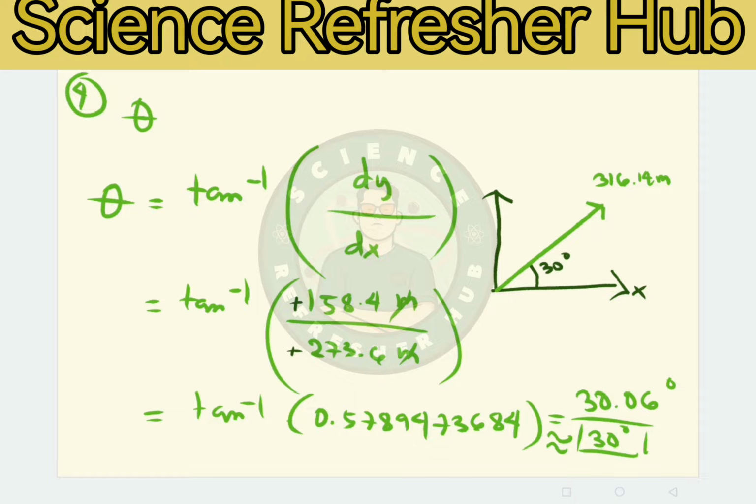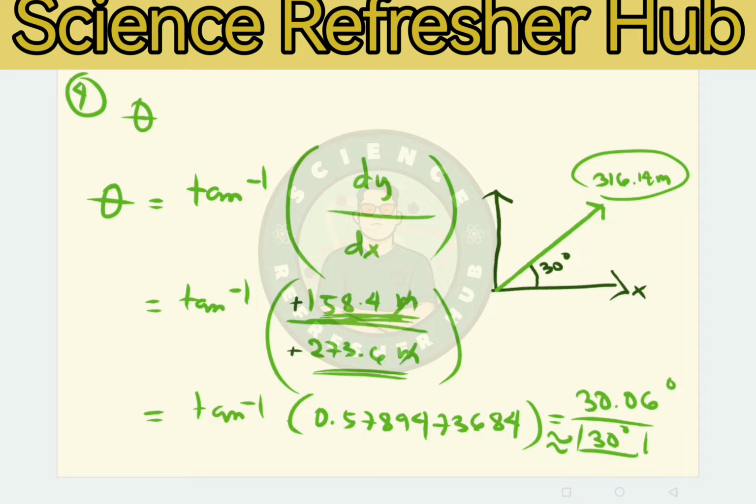The plastic object experiences an x displacement of 273.6 and y displacement of 158.4, resulting to a total vector of 316.14 meters directed approximately 30 degrees.